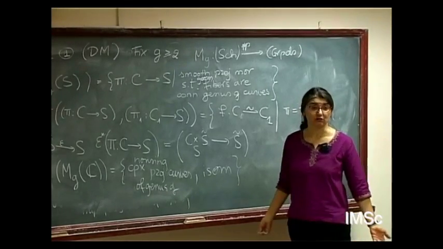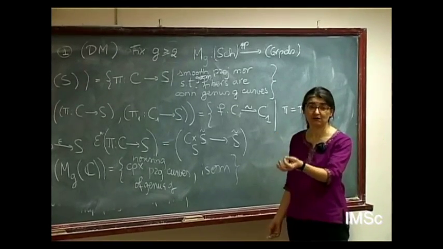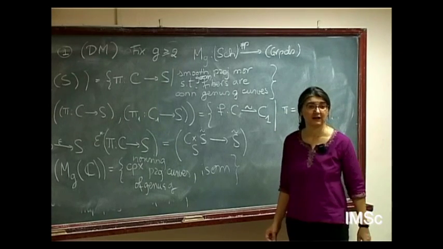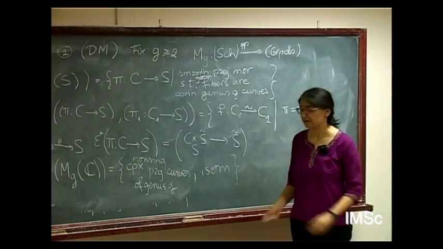It's never a rigid groupoid, because for any genus you can find a curve of genus g which has non-trivial automorphisms.